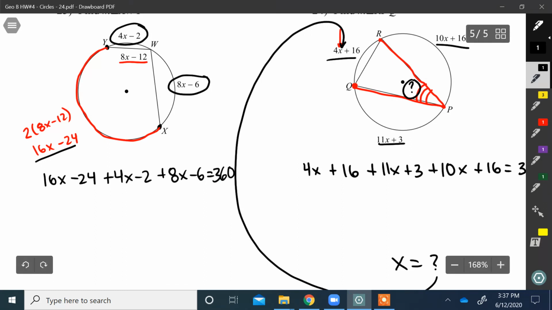Let's simplify. We have 16x plus 4x plus 8x. That's going to be 28x. And then we have negative 24 minus 2 minus 6.